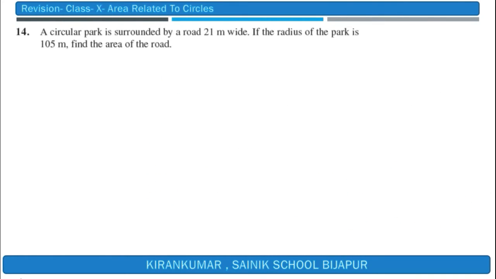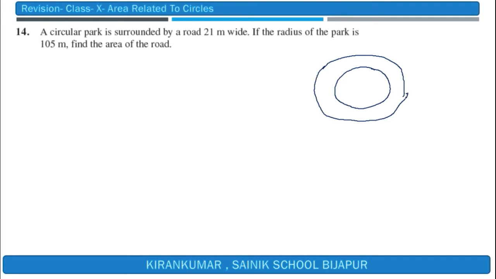Question number 14. A circular park is surrounded by a road 21 meter wide. If the radius of the park is 105 meters, find the area of the road. Here it looks like a concentric circle. Since it is a circular park surrounded by a road, both of them are circular in nature.